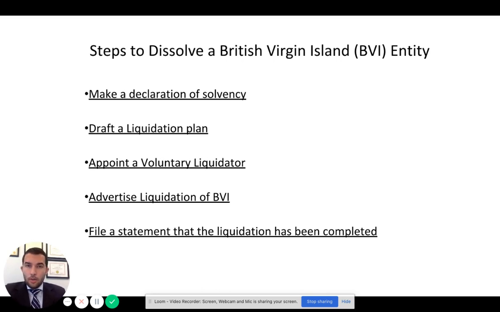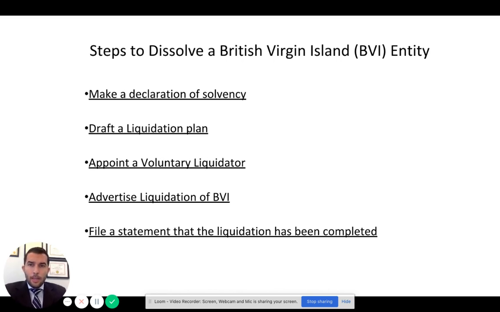And once this is done, he has 30 days to start the process of liquidation of the company. One of the most important things that needs to be done throughout this process is he needs to advertise in a BVI newspaper that the company is being liquidated, and he needs to also advertise it in the jurisdiction where the company is actually performing its businesses.